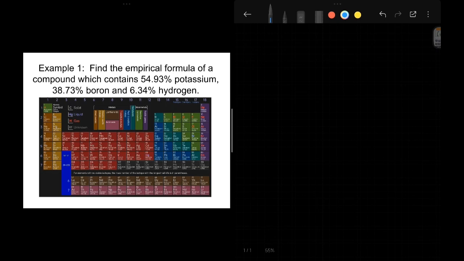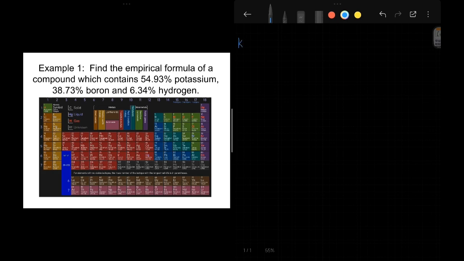Okay, let us try this example number 1. Find the empirical formula of a compound which contains 54.93% potassium, 38.73% boron, and 6.34% hydrogen. So first things first, we're going to write all the given. So label lang natin.